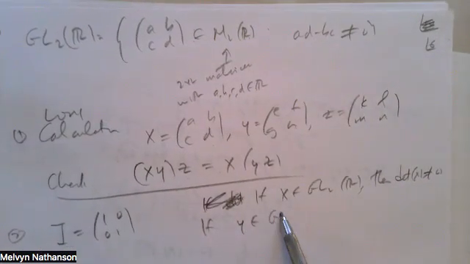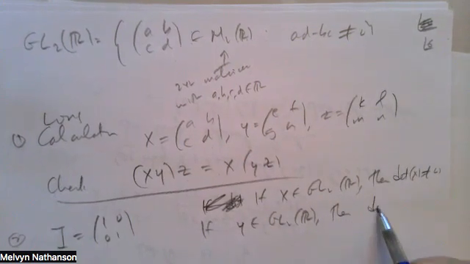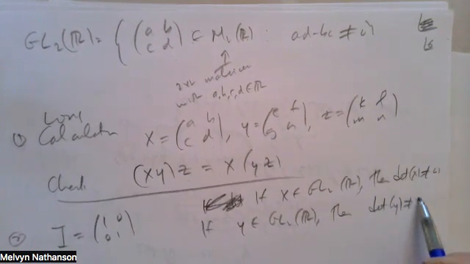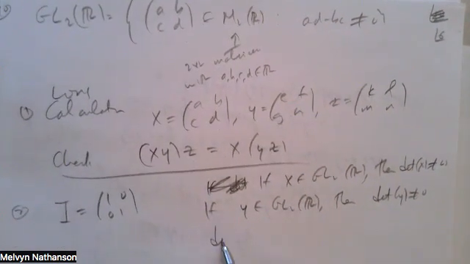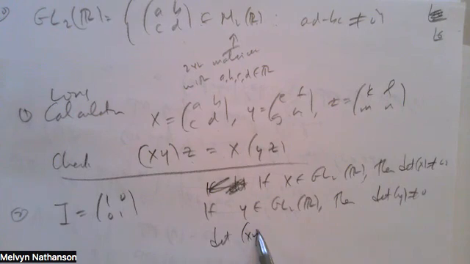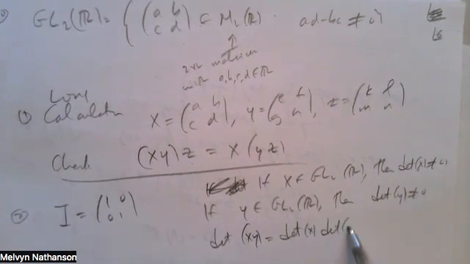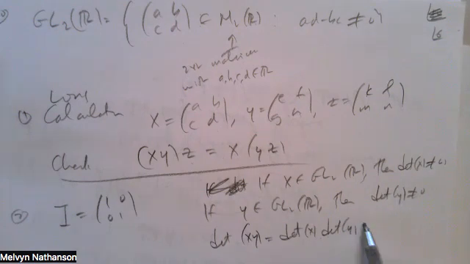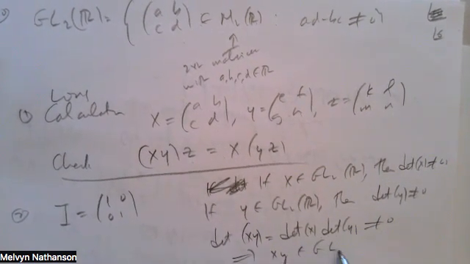If Y is in this set of matrices, then the determinant of Y is non-zero. We just proved in the previous problem that the determinant of XY is the determinant of X times the determinant of Y. And these are non-zero numbers. The product of two non-zero real numbers is non-zero. So X times Y is in GL2R.